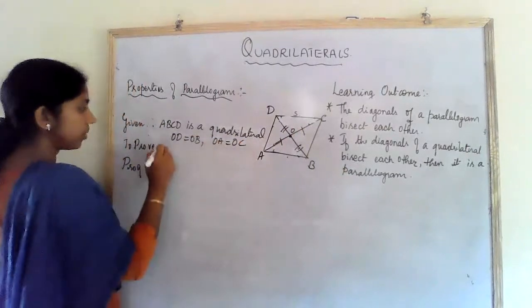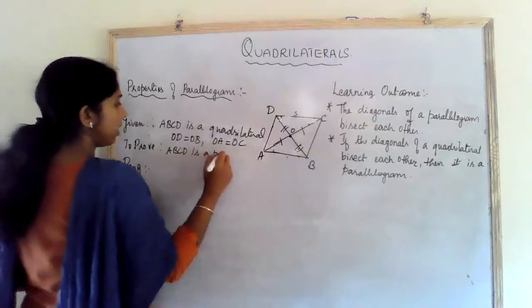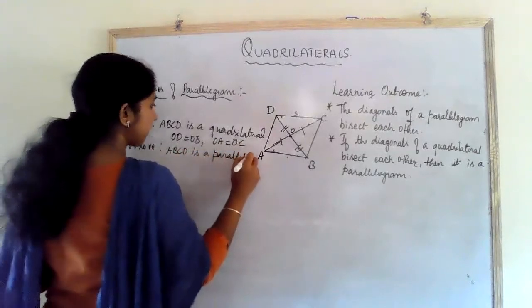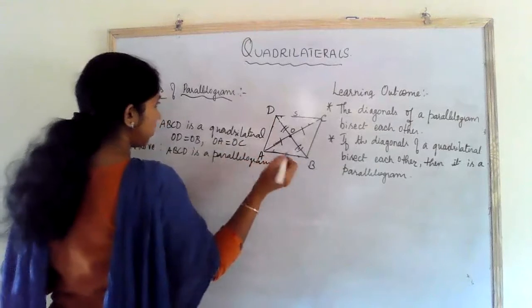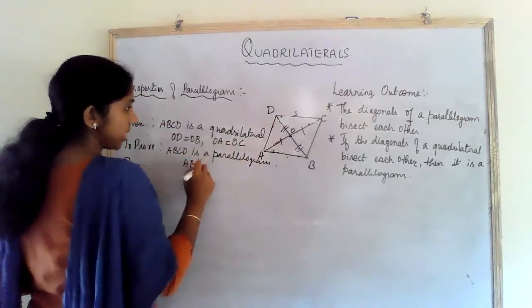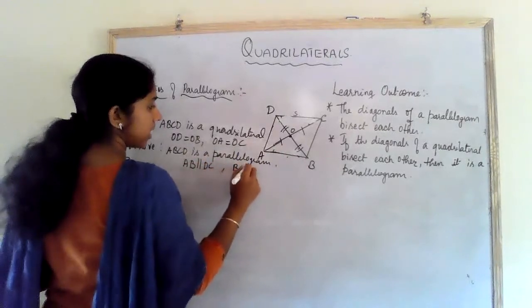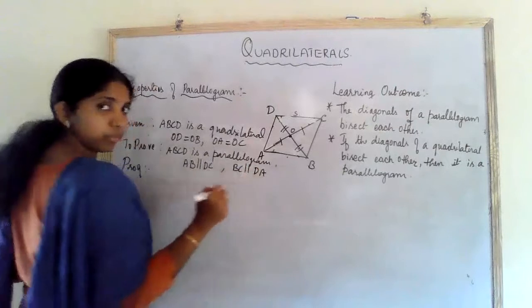To prove ABCD is a parallelogram, we should prove that opposite sides are parallel, that is, AB is parallel to DC and BC is parallel to DA.